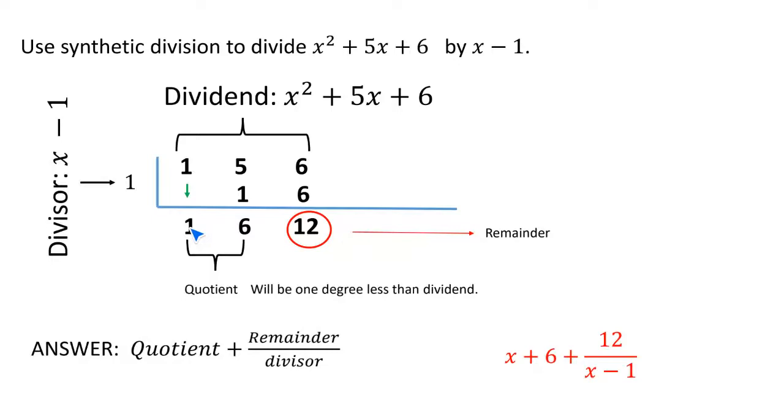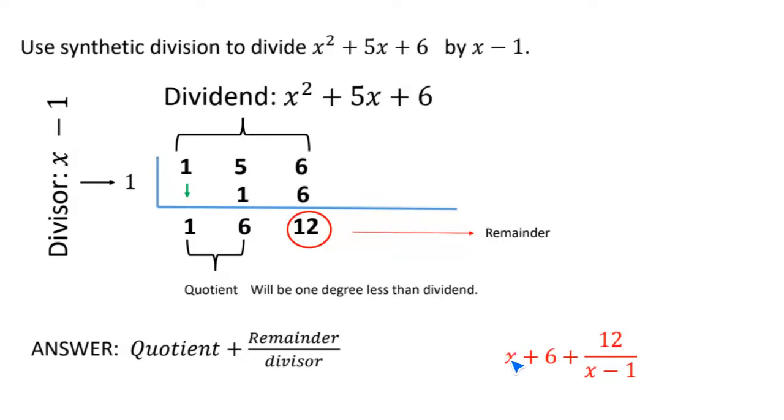So this 1 here would be x. And notice that the power of x here is just 1. And then we have 6 is our constant. Then we're going to have our remainder 12 divided by our divisor, which was x minus 1. Okay. So if you start with x squared as your dividend, when you start your quotient, it should be 1 power less. That's why we started with a power of 1.